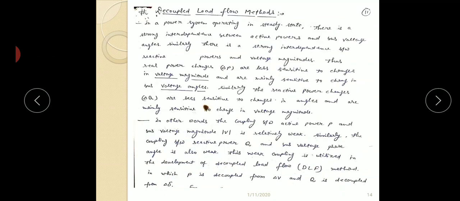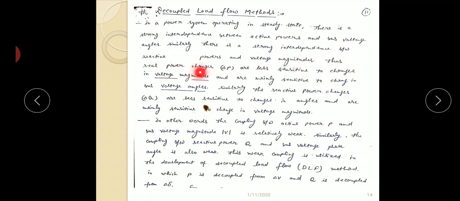Okay. Now here, decoupled load flow method. Another method. In a power system operating in a steady state, there is a strong interdependence between active powers and bus voltage angles. Similarly, there is a strong interdependence between reactive powers and voltage magnitudes.